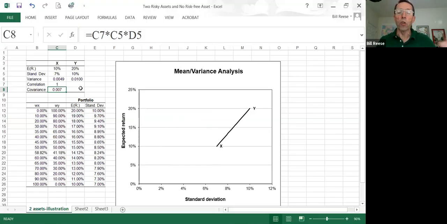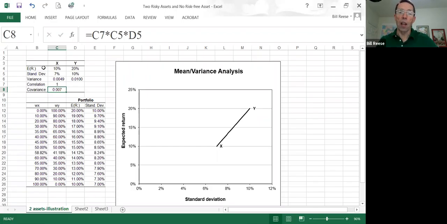But what I do want you to be able to see on this is that when we change the correlations, it changes the shape of the hyperbola. In fact, it's not a hyperbola when the correlation is 1 or -1. It's a hyperbola whenever the correlation is less than 1 but higher than -1. And I want you to notice, so it's not changing expected returns, but it is changing standard deviations.